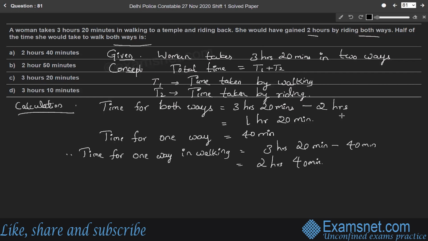So half of the time she would take to walk both ways is 2 hours 40 minutes. Therefore, option A is the right answer. So in the question, half of the time she would take to walk both ways is 2 hours 40 minutes.